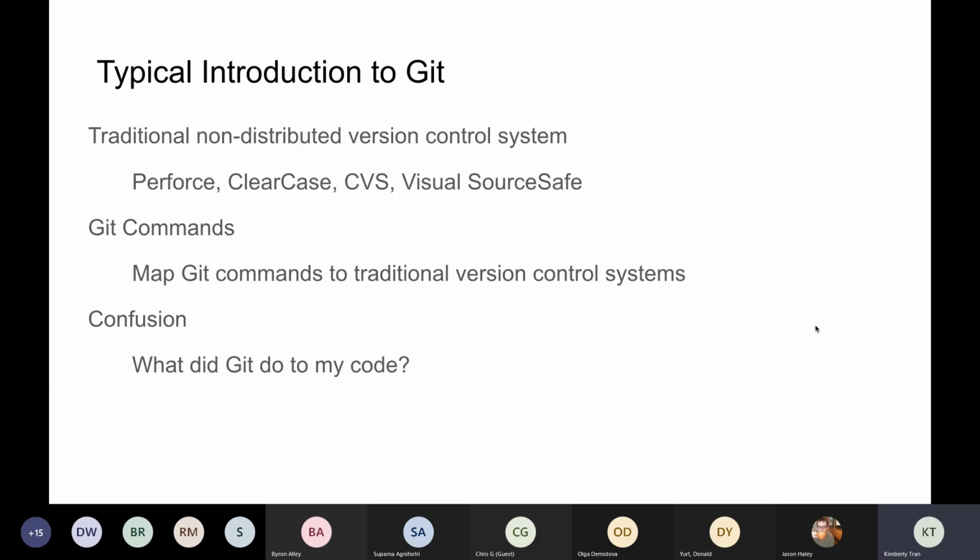Also, these systems don't have a clear model of how they work. For instance, when we were using CVS, we actually had the consensus smartest guy in the room, a typical MIT dropout, who was the CVS maintainer.